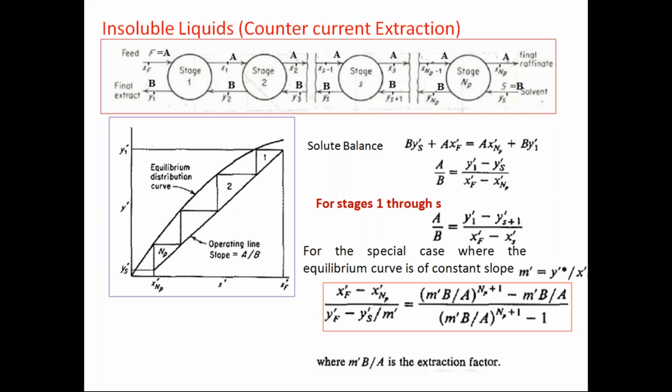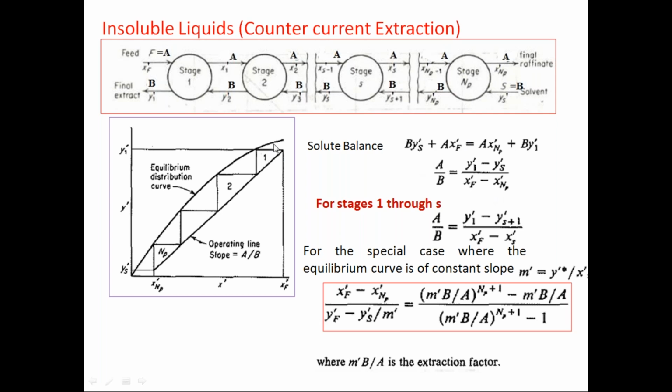But now another concept to understand is that if A and B are completely immiscible in each other, then again you can draw lines in x prime, y prime coordinates, and this is the equilibrium curve. Then A by B is equal to y1 prime minus ys prime, the input minus output, divided by x prime minus xnp prime.